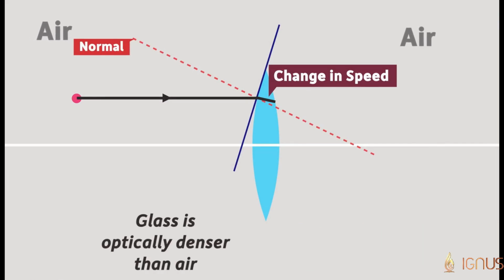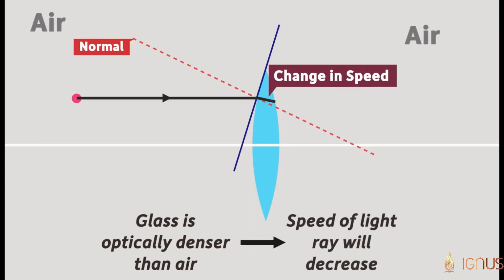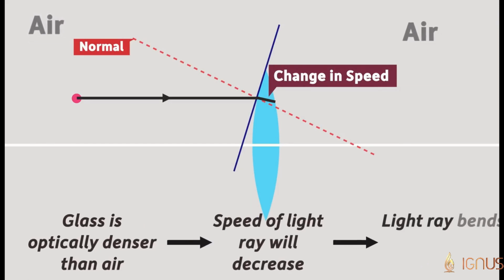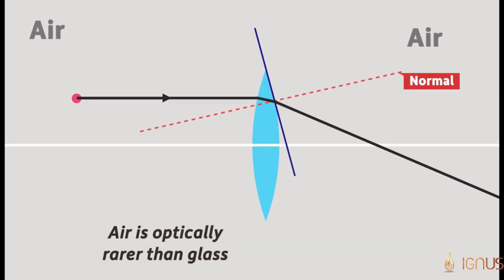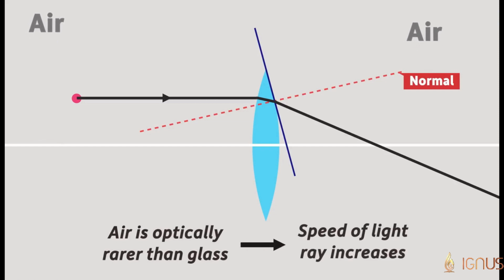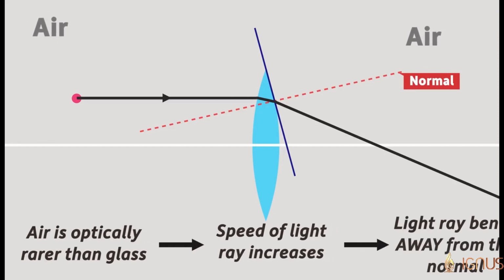When the ray enters the air back from the glass, the ray bends again, but this time it is away from the normal. As air is rarer than glass, the speed of the light in air increases and the light bends away from the normal.